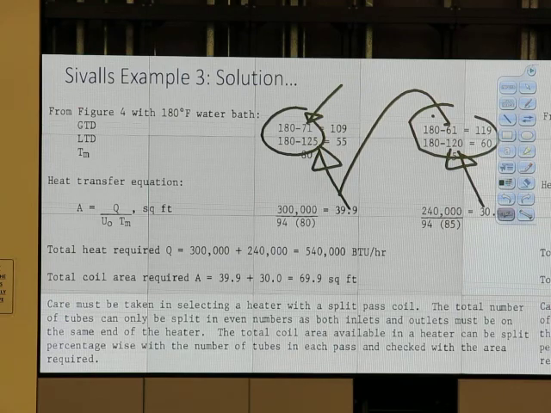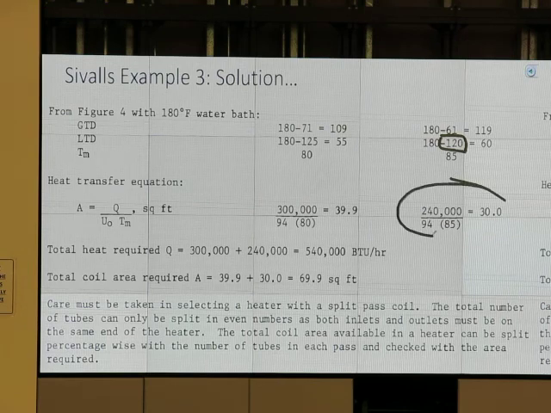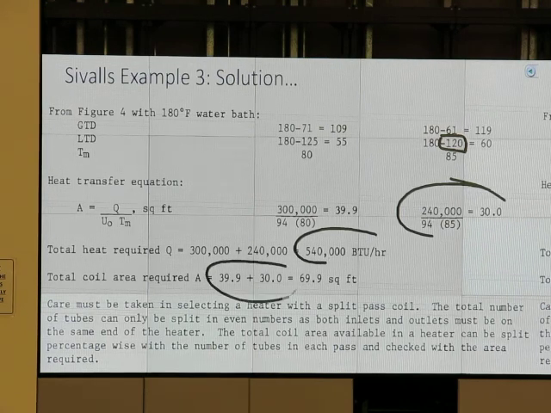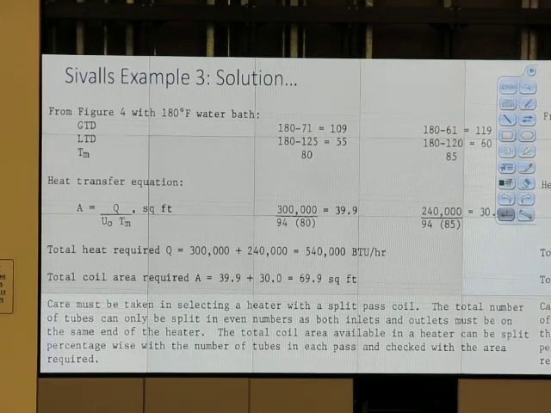So it depends on what we want after it leaves the line heater. Okay. If we want to have it at 120, we have to heat it a little more. And a little more means that much. Coil area, just add them together. BTU per hour, just add them together, and then we can select the fire tube rating.